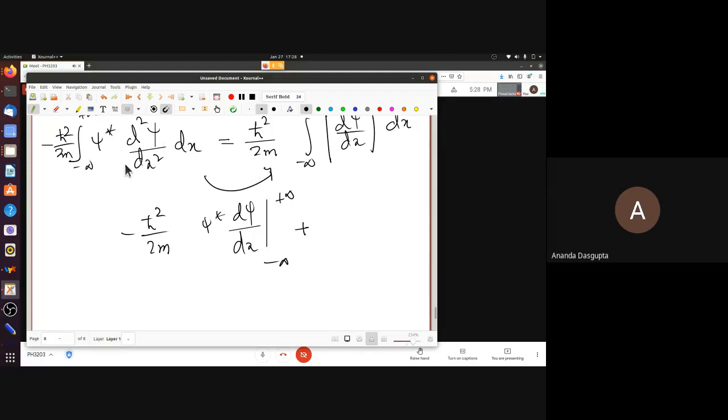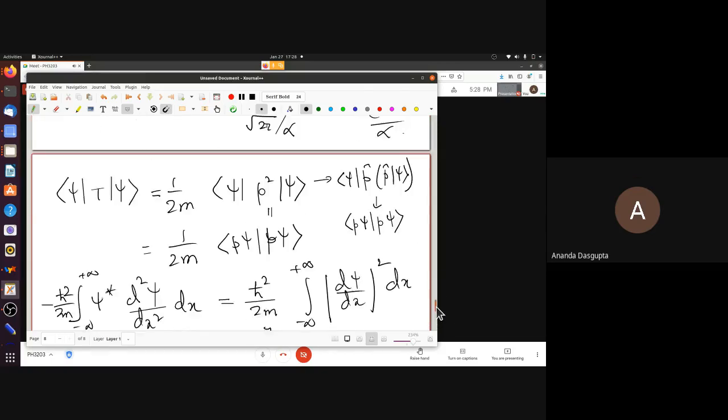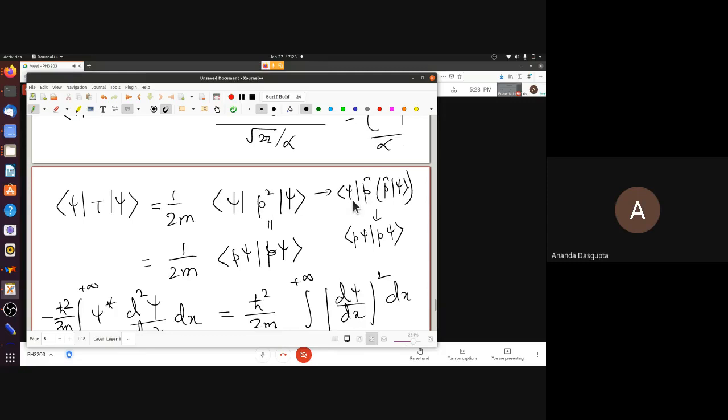So what this integral part will tell you is that the left hand side is equal to this term plus this term. And then you claim that because the wave function vanishes rapidly enough at infinity, this term will be 0. So this will go away. But on the other hand, here we made no such statement. All we said was momentum is a Hermitian operator.